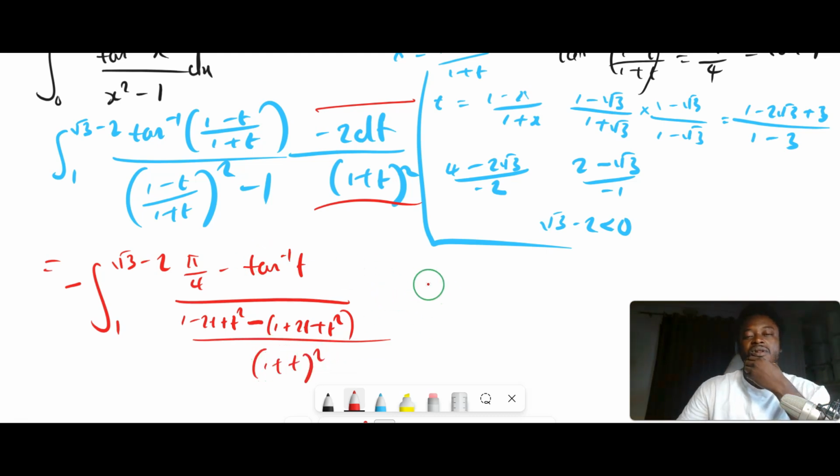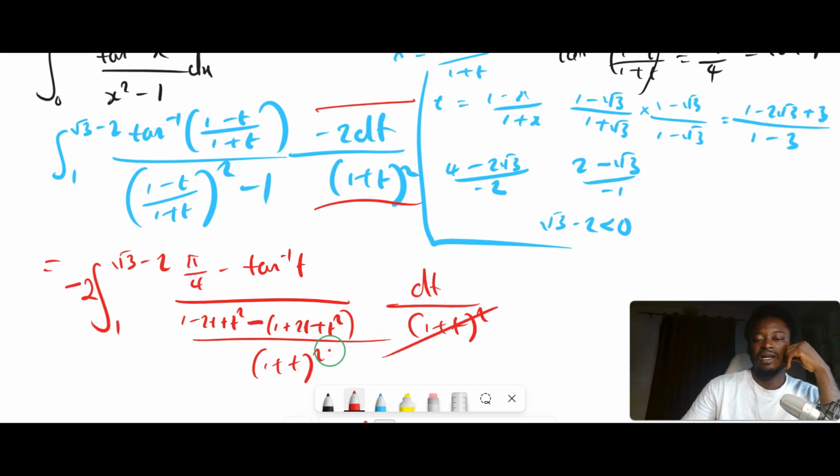Then you have negative 2 dt over 1 plus t squared. Eventually this will cancel out with each other.